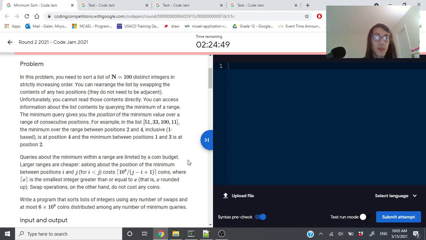In this problem, you need to sort distinct integers in strictly increasing order. You can rearrange the list by swapping the contents of any two positions. The minimum query gives you the position of the minimum value. Are all elements distinct? Yes, they are. Okay. Minimum of the range.